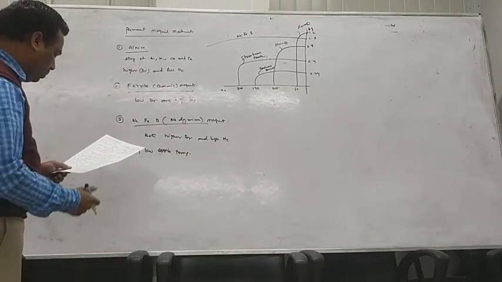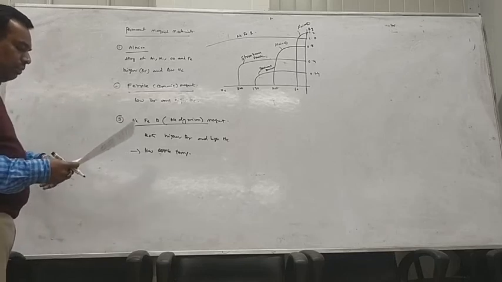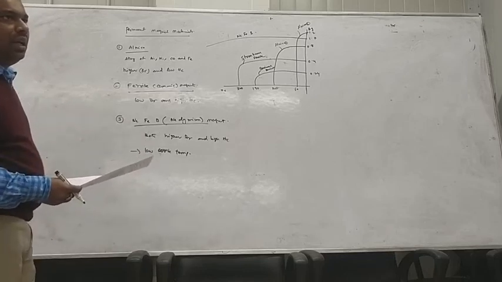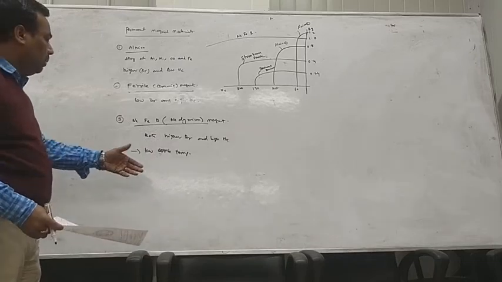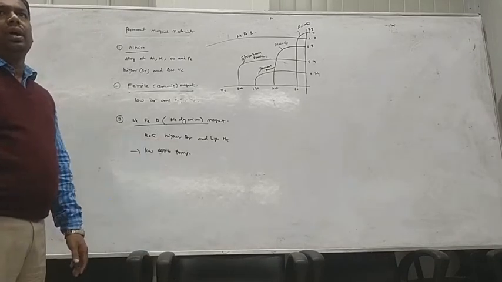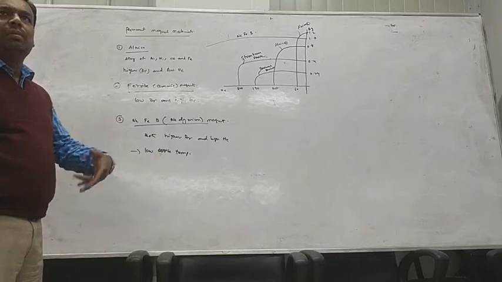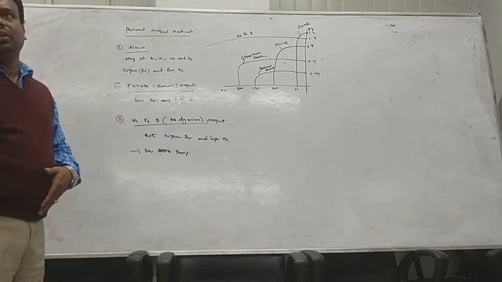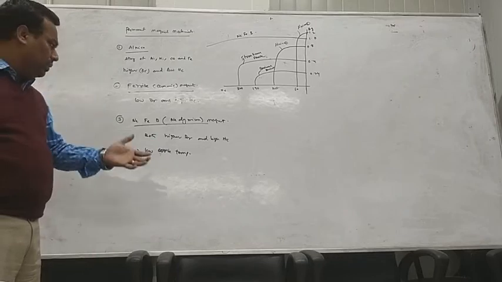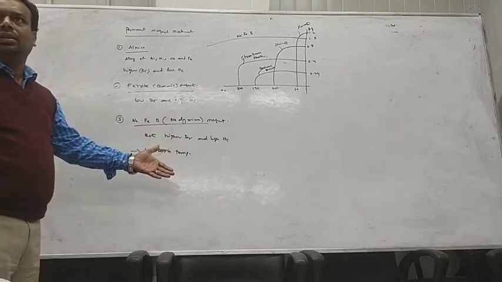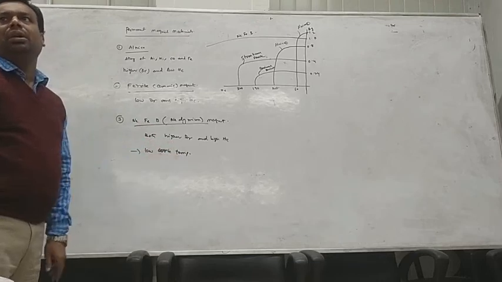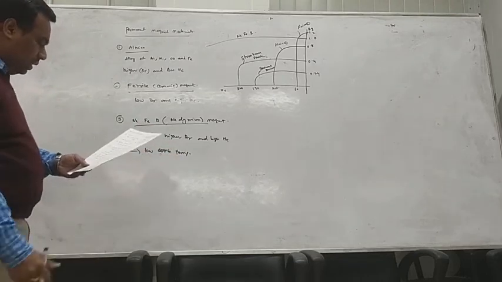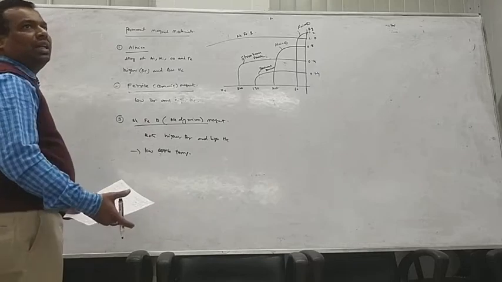What is the meaning of Curie temperature? It is the temperature beyond which the magnetic material loses its permanent magnetism. If the temperature is beyond that Curie point temperature, it loses the permanent magnetism.